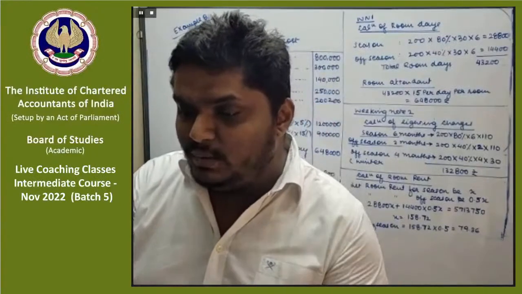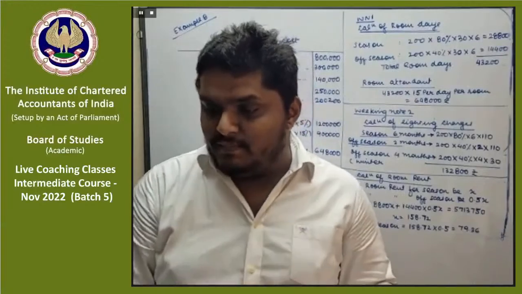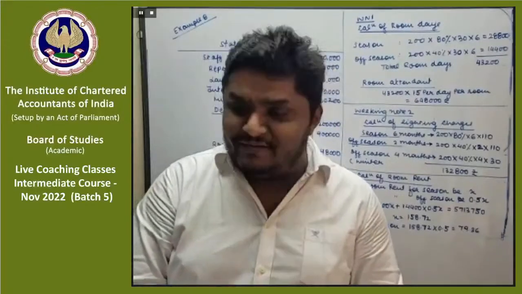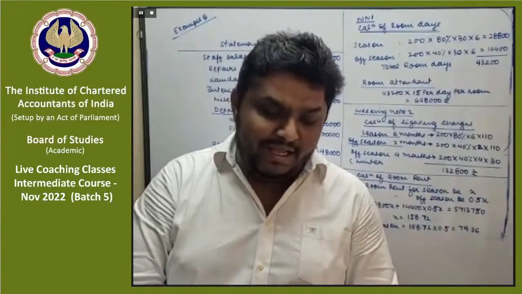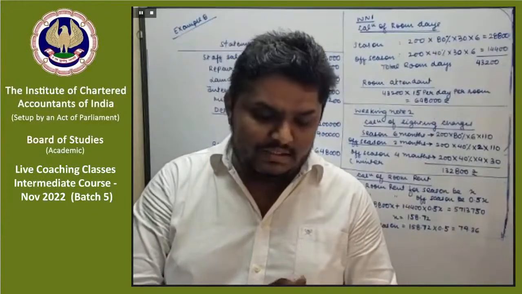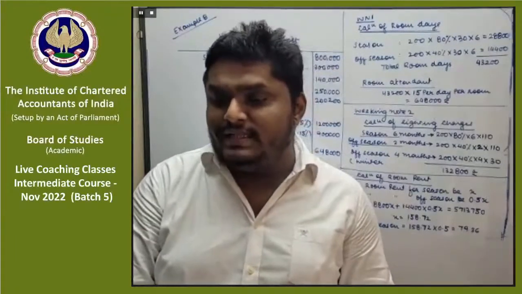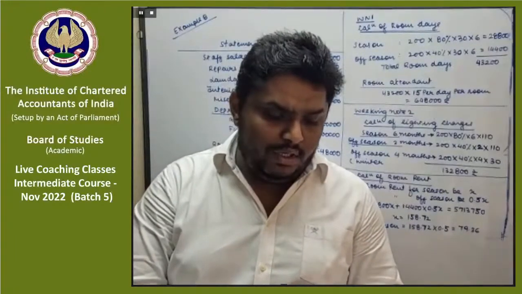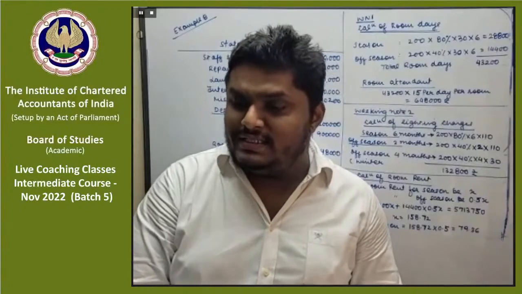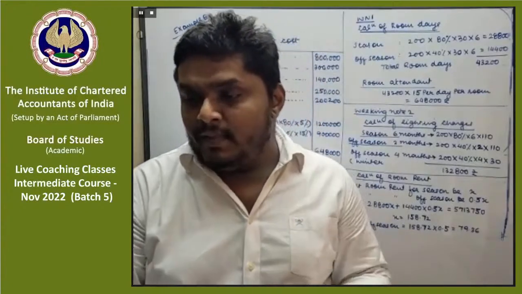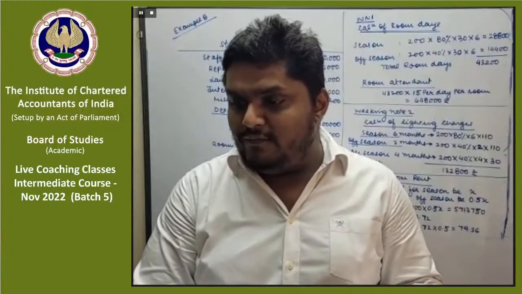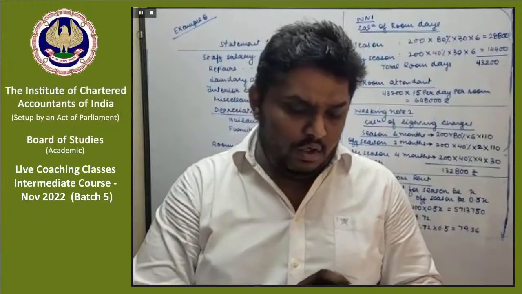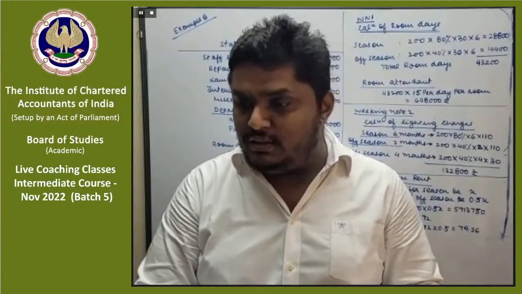Let me recheck the question once. 8 lakh is the staff salary, 3 lakh is the repairs to building, 1,40,000 is the laundry charges, 2,50,000 is the interior charges, 200 is the miscellaneous expenses, and then 24 lakh into 5%, so 12 lakh is the depreciation.